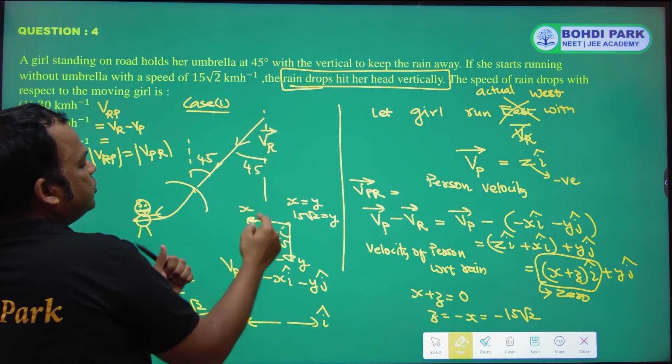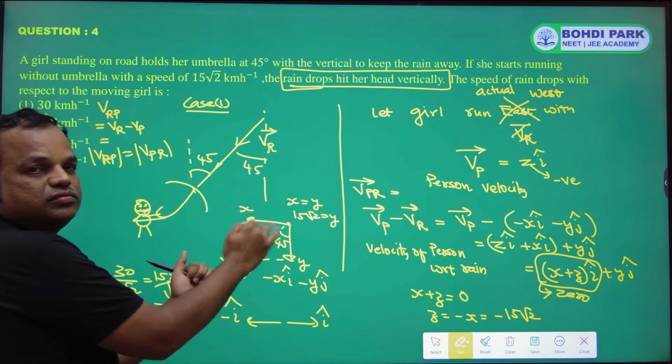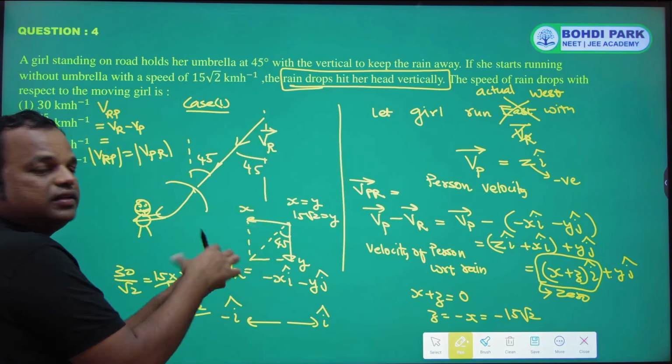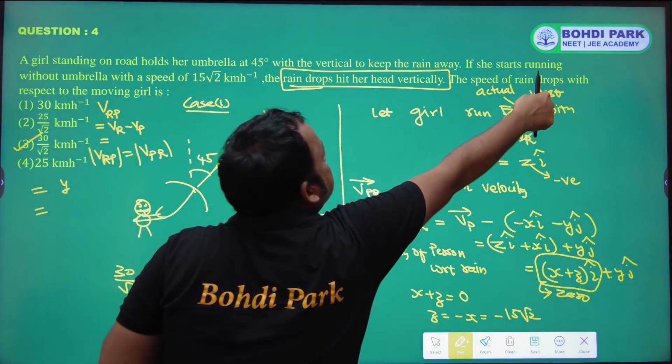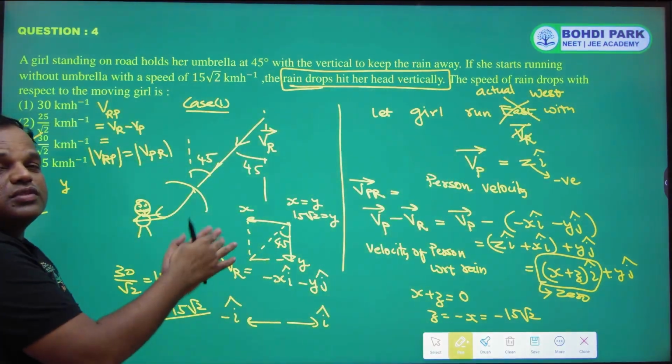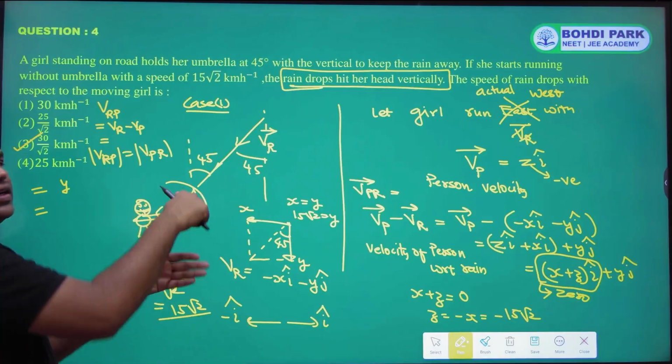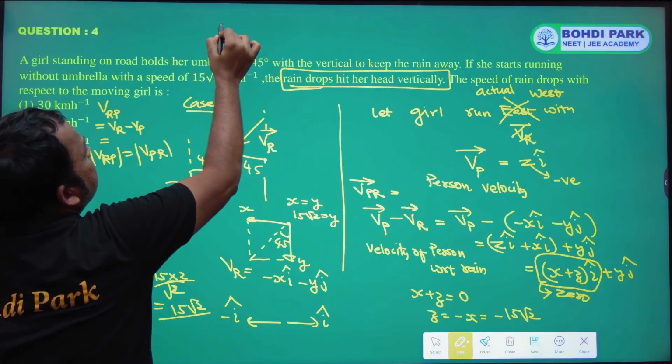The horizontal component of rain is x, left side. So if person is running left or west, so person will observe vertical rain. Okay, so directly in exam we can use this.